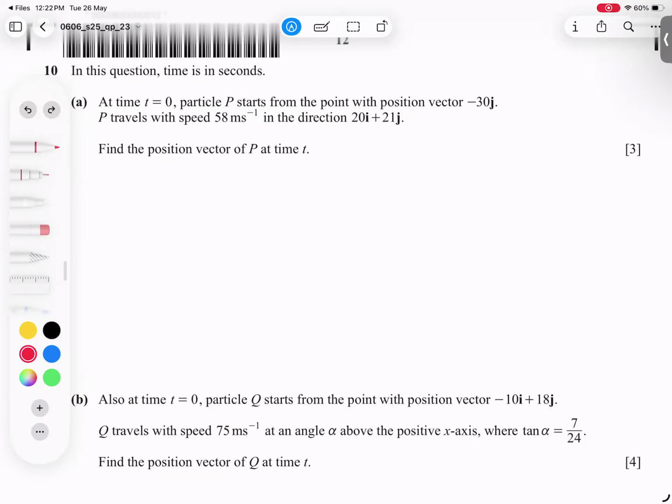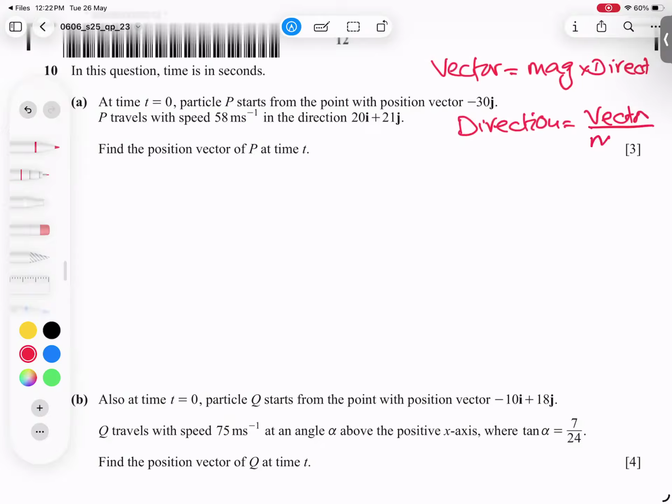How can we find the direction vector? What is the unit vector formula? A vector contains two parts: magnitude into direction. If I bring the magnitude under it, I will get the direction. So direction is equal to the vector by its magnitude.